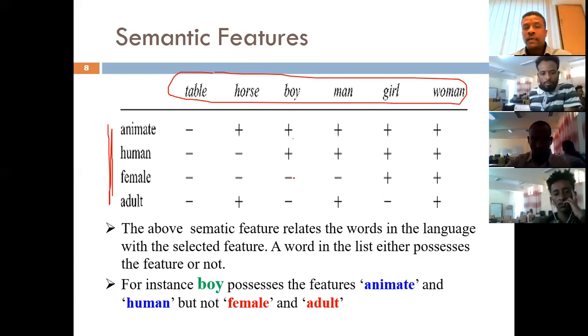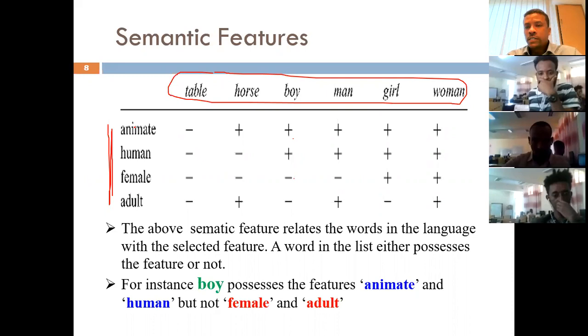As you can see, the feature human or the feature female is not the meaning of the word, mind you. That's why we say semantics goes beyond what we have in a dictionary as a meaning or as a definition for the word. It is about gathering as many features as possible for every word.